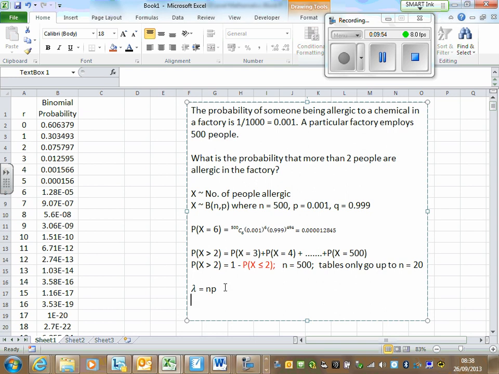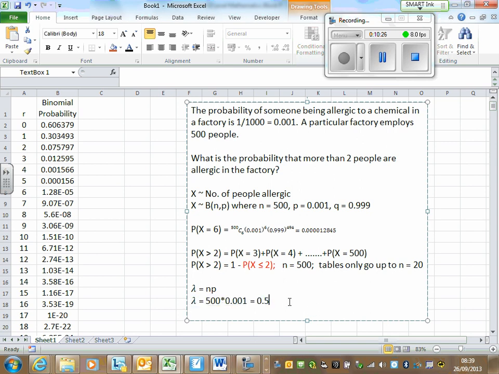So if we're going to approximate this using the Poisson, n is going to be 500, and we multiply it by 0.001, which is going to be equal to 0.5. We're going to expect that we have 0.5 of a person out of those 500 who are going to be allergic.